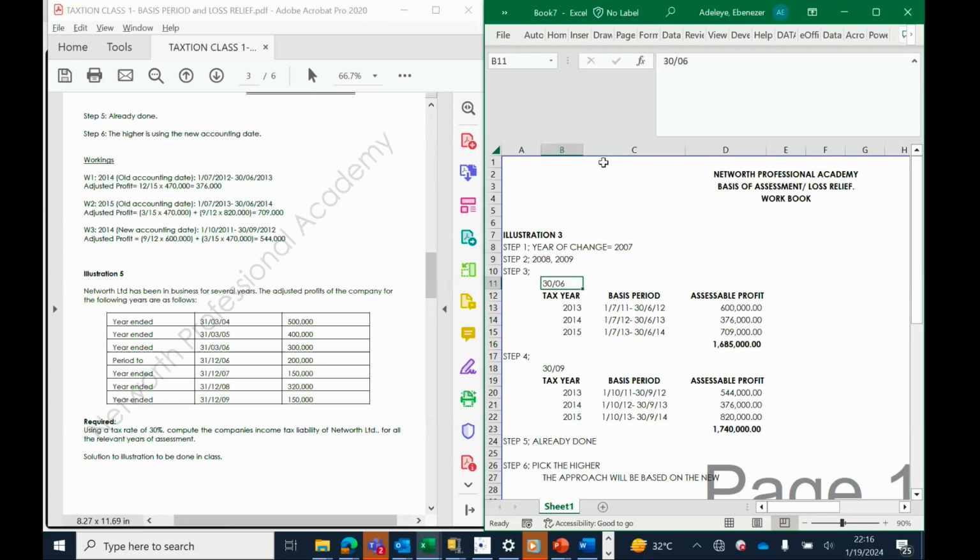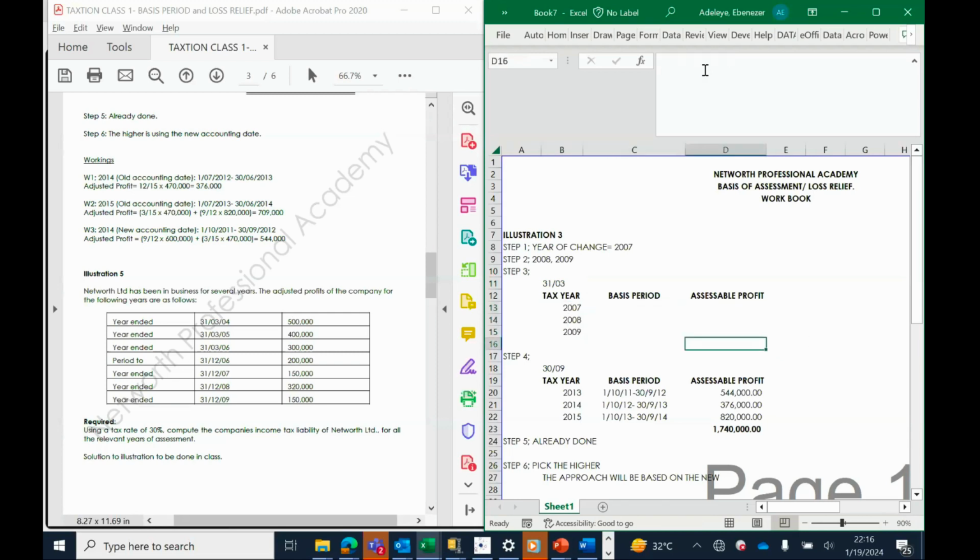What is the old accounting date now? 31st of March, right? Am I correct? 31st of March. So we have 2007, 2008, 2009. Let's delete all of this and figure out our basis periods.